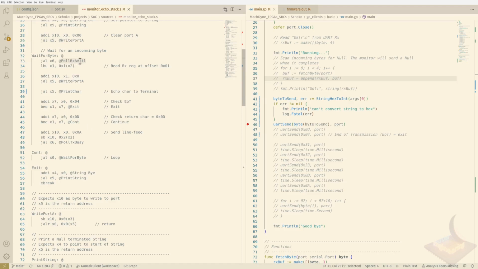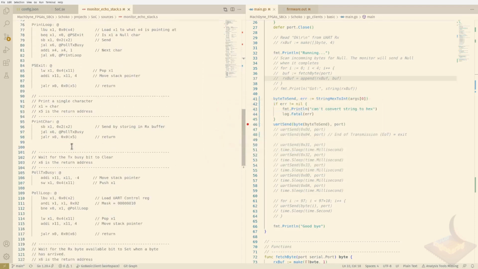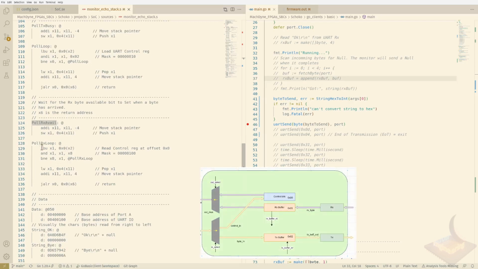Now remember in that diagram I showed the bit that is set when a byte comes in from the hardware? This is polling it. So it jumps down to this subroutine right down here. It first pushes X1 onto the stack, then it enters into a really tight loop of reading the control register.